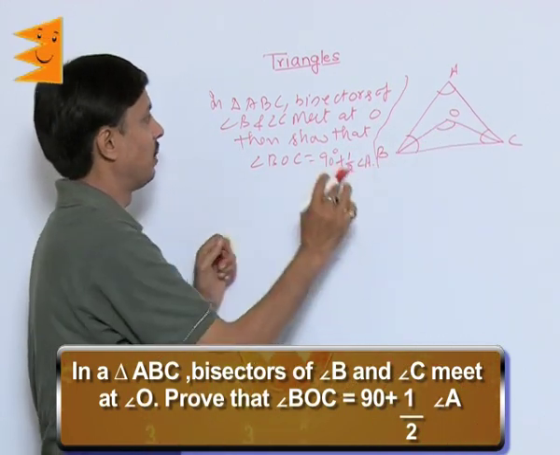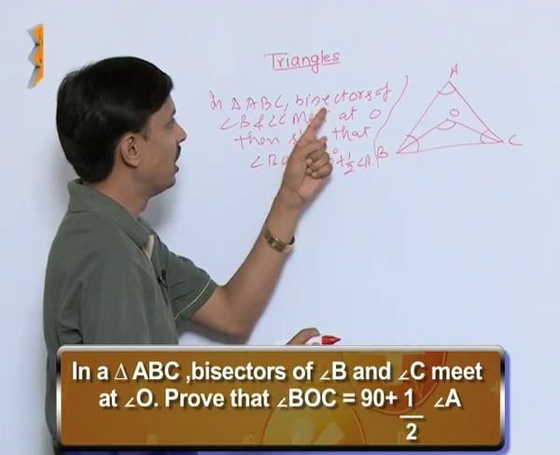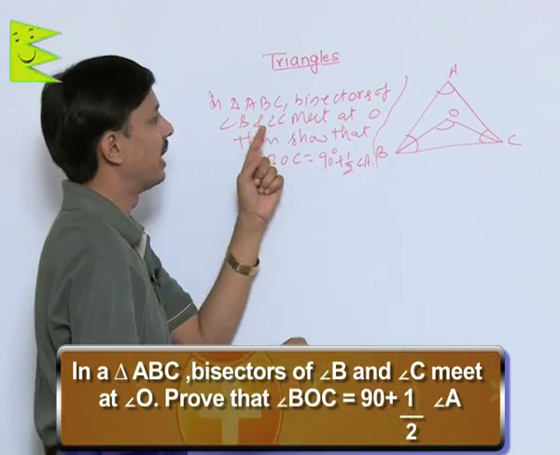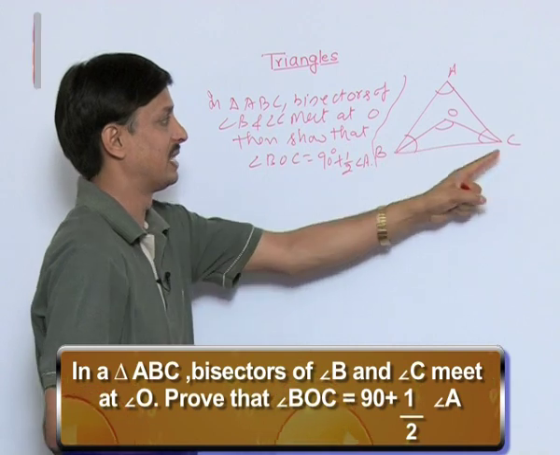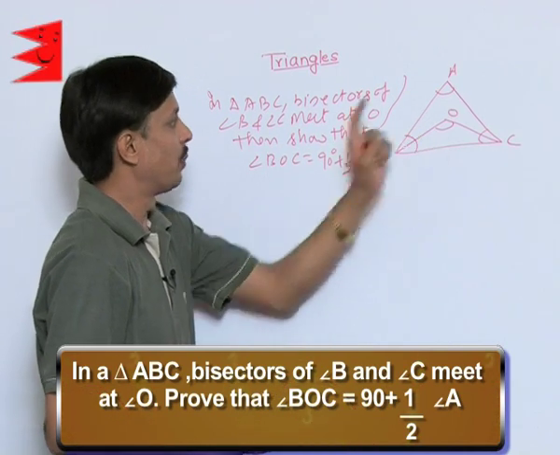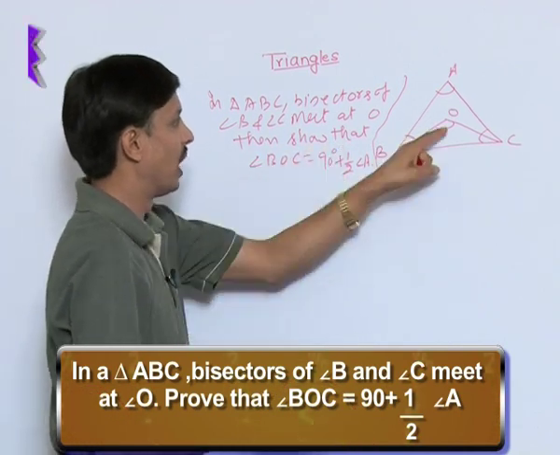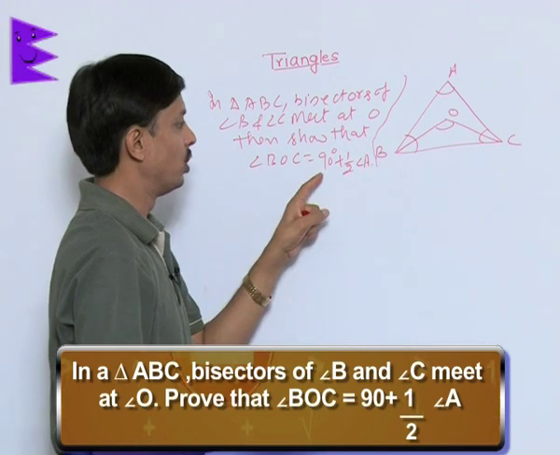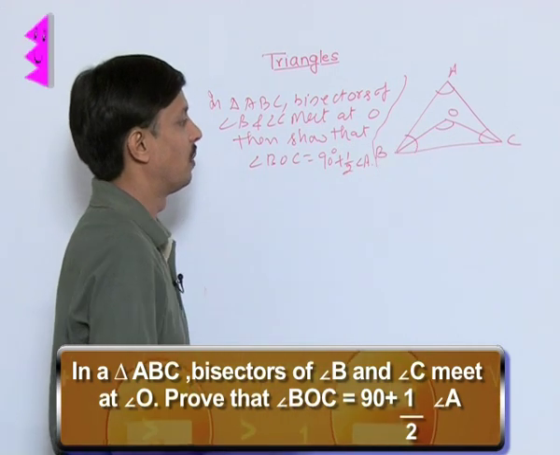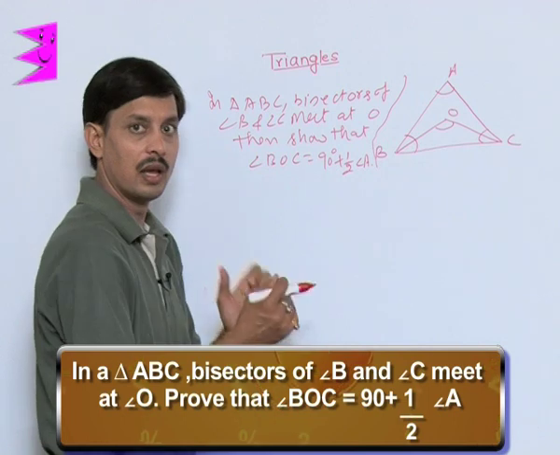This is the statement that in a triangle ABC, bisectors of angles B and C, or bisectors of the base angles meeting at point O, then prove that the value of this angle BOC is equal to 90 plus half of the vertical angle A.